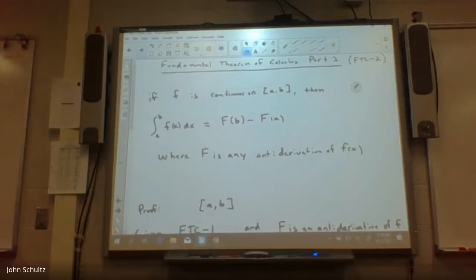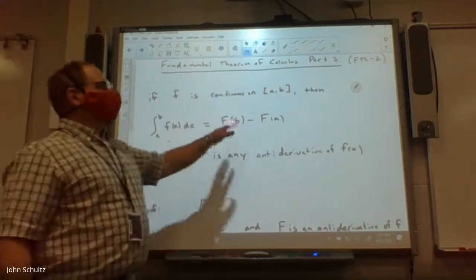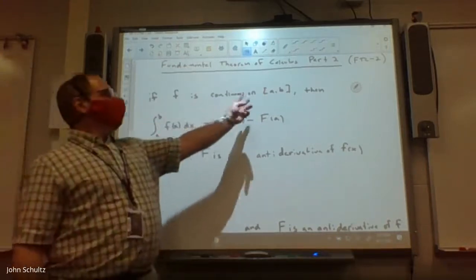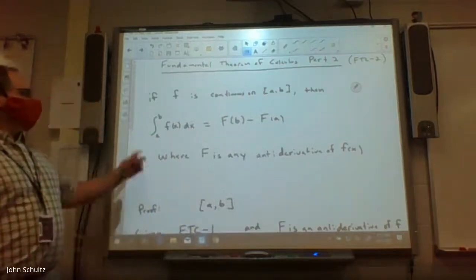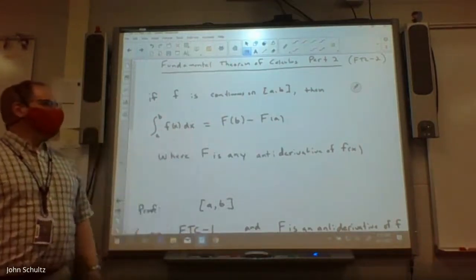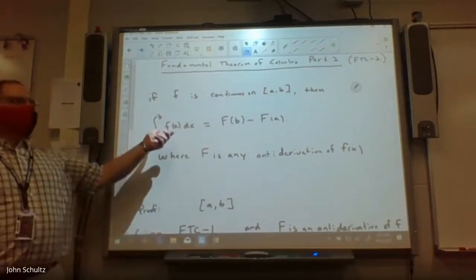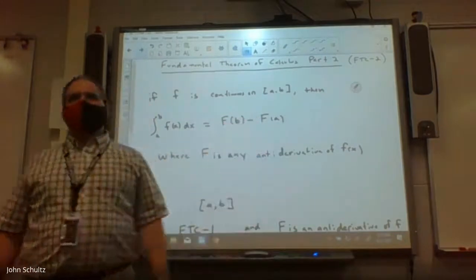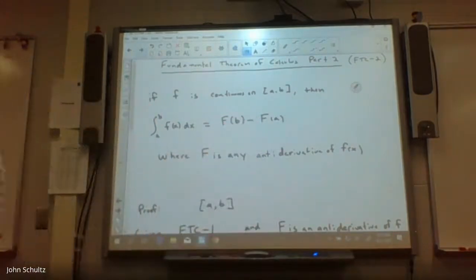So whenever we last were in class together, I gave you the second part of the fundamental theorem of calculus and said, hey, if f is a continuous function on some closed interval [a, b], we can find the value of the integral from a to b of f of x dx by simply finding an antiderivative of f, evaluating it at b and a, and subtracting those. If we do that really simple process, we can get the area between the x-axis and the curve from a to b, right?